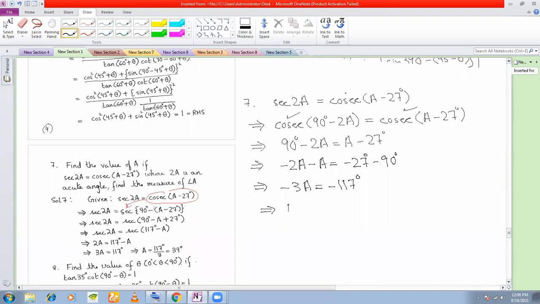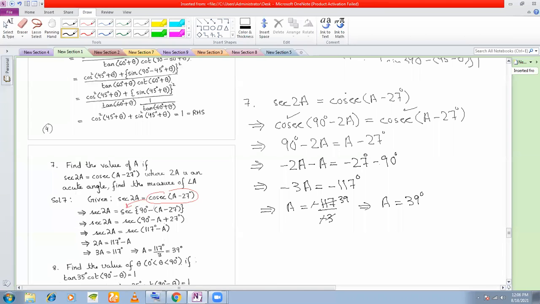That means A is minus 117 divided by minus 3. So now you can cancel this. The negative sign cancels. So you get A is equal to 39 degree, because this will cancel 39 times. So A is equal to 39 degree, and that's the required value.